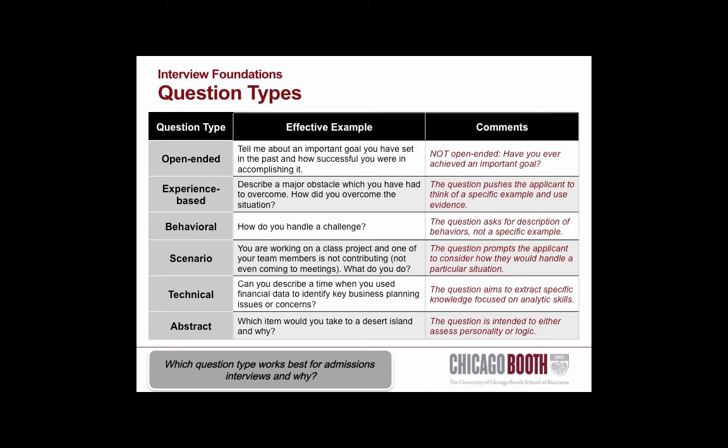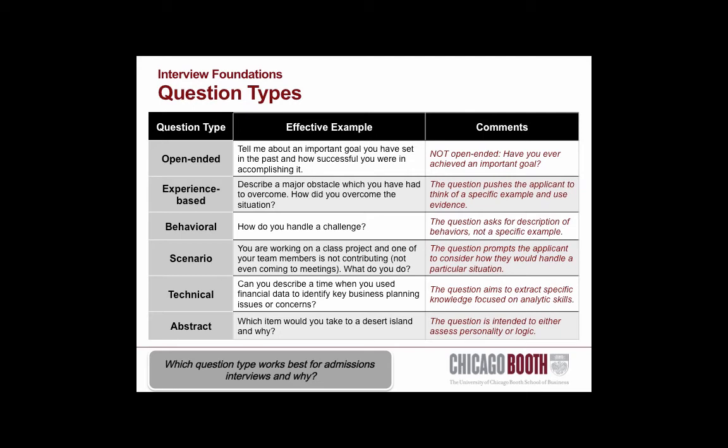The next question type is a technical question. This is something that many of you may be accustomed to. The finance interviews, the investment banking interviews, marketing interviews, those types of functions often use that question type in a variety of different ways.